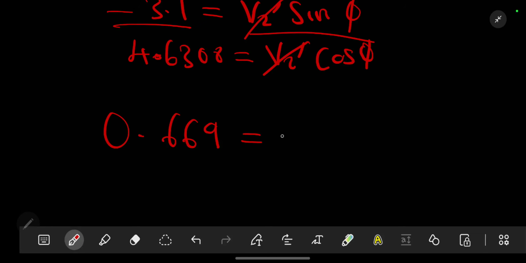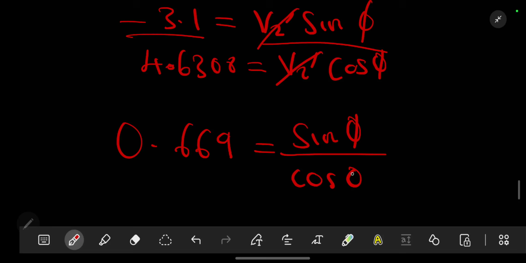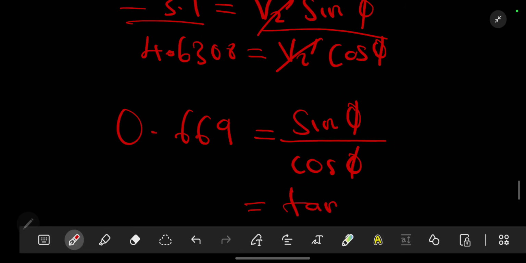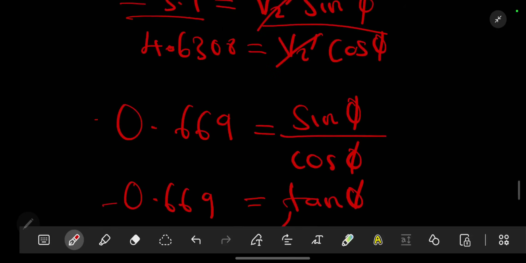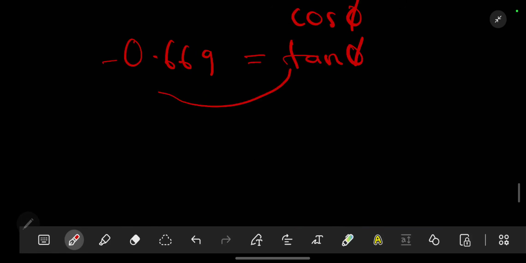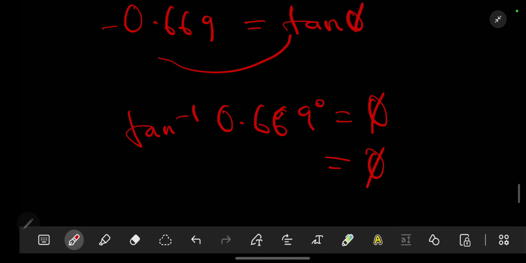0.669, which should be equal to sine of this angle divided by the cos of this angle. We are going to have the tan of this angle, which will be 0.669. It is negative because there was a negative there. Taking the tan inverse of 0.669, leaving the angle there, the angle will be negative 33.8 degrees.